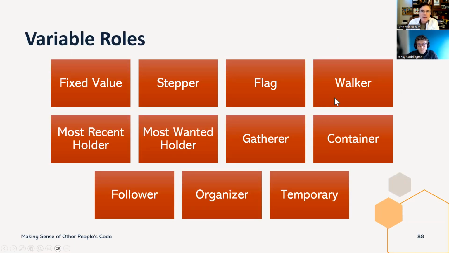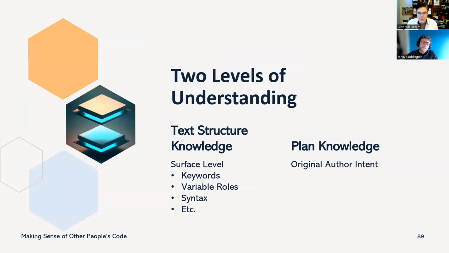Okay, so understanding variable roles is just one more technique we can use for understanding code in the small. What if I want to understand what the developer was really intending to do in this big system? What's the big picture? There are two levels at which we can understand source code. There's the text structure knowledge: your keywords, variables, syntax.